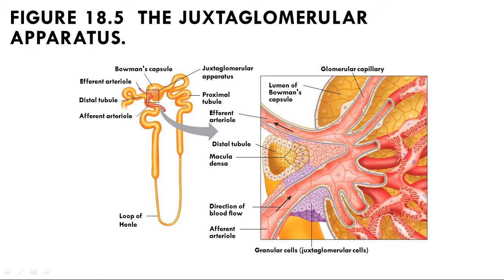And so in this purple region, this whole smooth muscle and these granular cells provide a source of what kind of control? A source of intrinsic control. It's going to be the smooth muscles, and also these granular cells can have some mechanosensing.